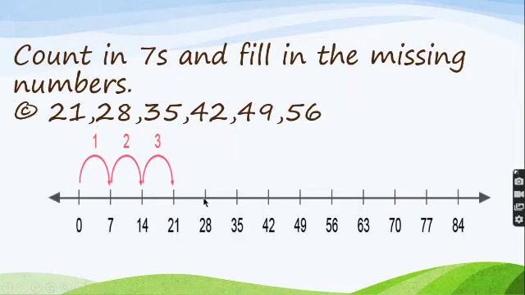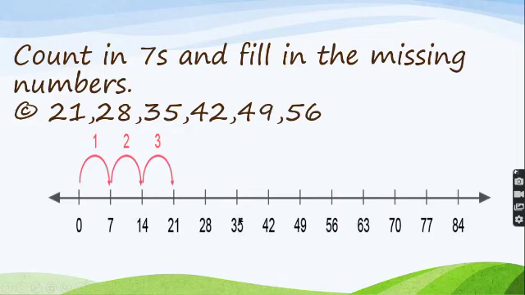So you write 28 in the missing numbers. And when you jump from 28, the gap between the numbers is 7. So you get 35. It means when you add 7 to 28, your answer will be 35. So you write 35 here in the missing numbers.